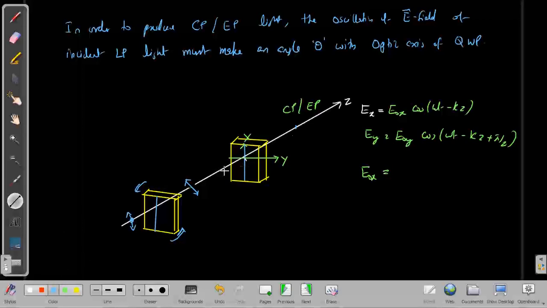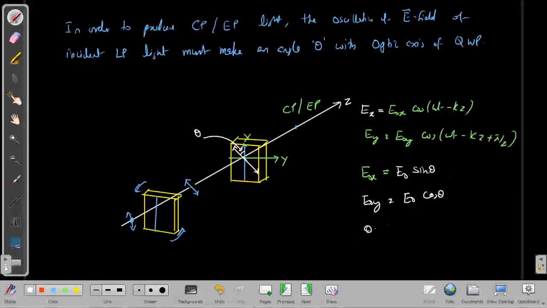Here is your blue line, here it is your electric field oscillation, and the angle between them, this angle, is theta. So therefore E0x would be E0 sin theta, and E0y would be E0 cos theta.